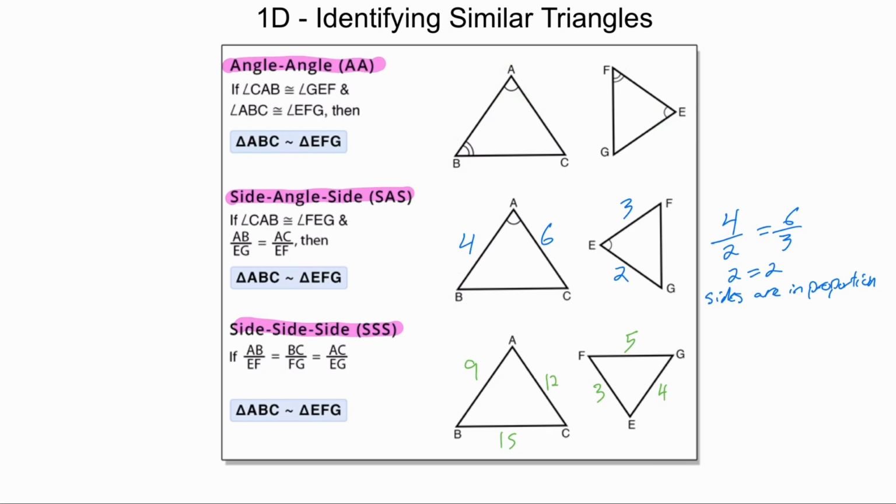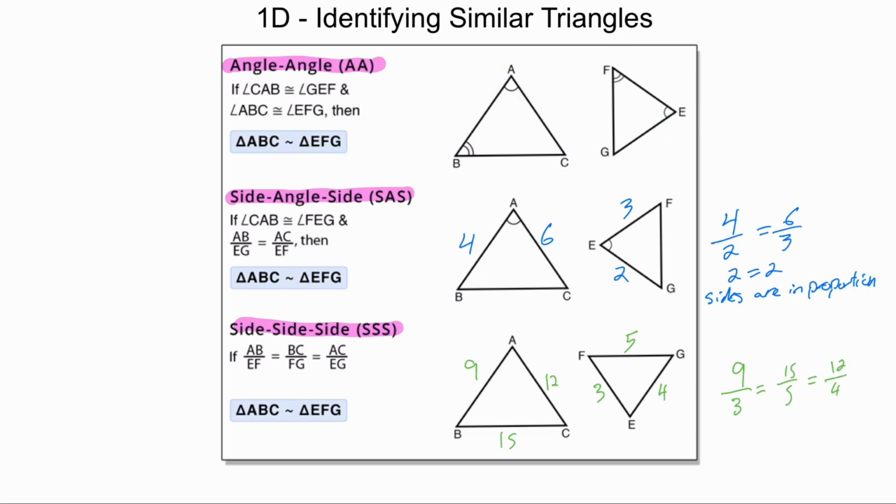These are actually sides of our right triangle. This doesn't look like that right triangle, but we're just looking at those proportions here. So I know that the ratio of AB to its corresponding side, FE, has to be the same as BC to its corresponding side, FG, and it has to be the same as AC to its corresponding side, GE.